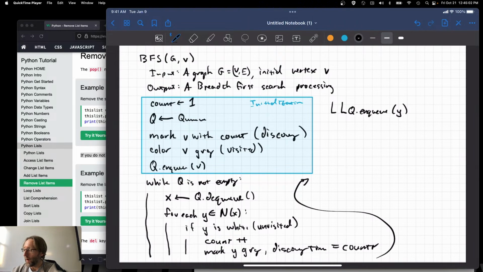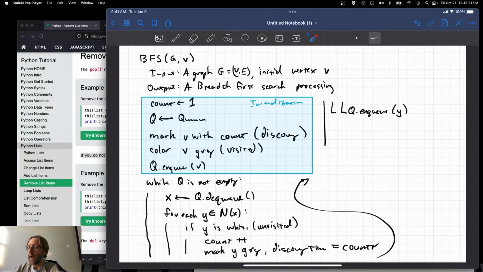And now we're in the while loop continuing here. So after we've enqueued all of its unvisited neighbors, note here that we are ignoring anything that is already gray or black, anything that's already been visited and enqueued but not processed yet.